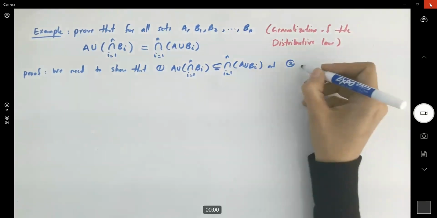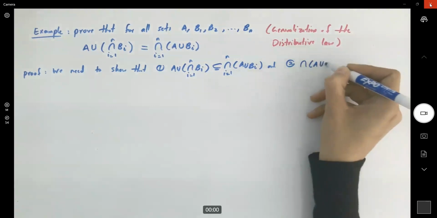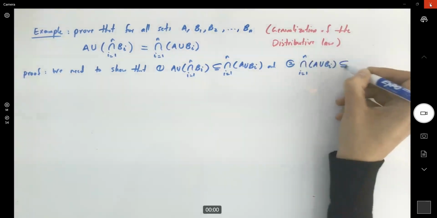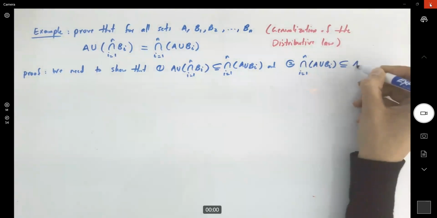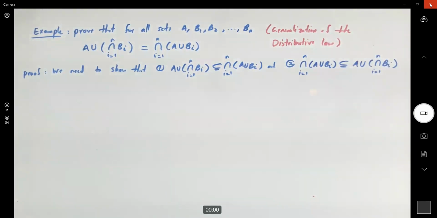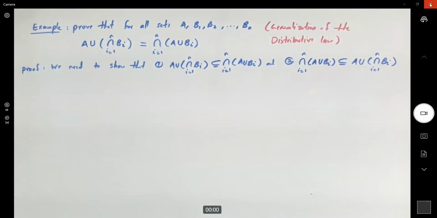So the intersection of A union Bi's, i starts from 1 to n, is a subset of A union intersection Bi's. Okay, so let the fun begin.